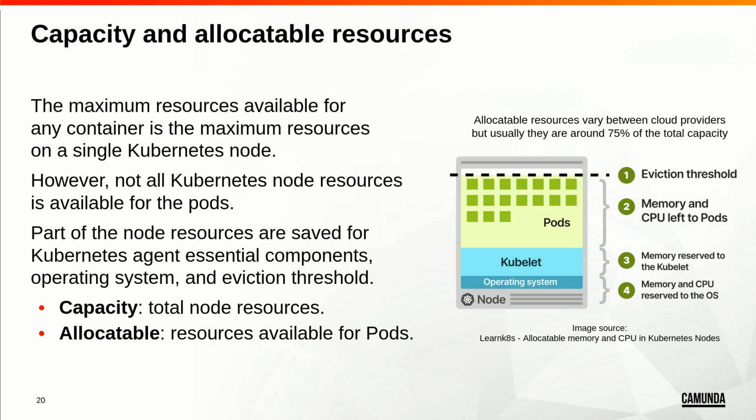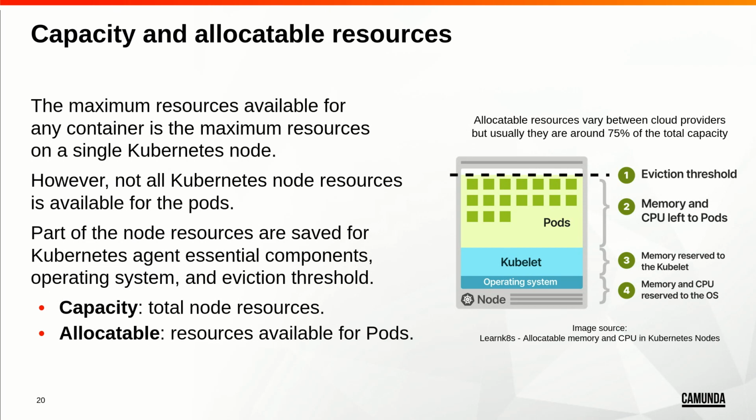But actually, you cannot use all node resources for your pods. Why? Because the node preserves some of the resources for the operating system and the Kubernetes cluster agent, which is called kubelet. The rest is called allocatable resources, and that's what you can use for your pods.